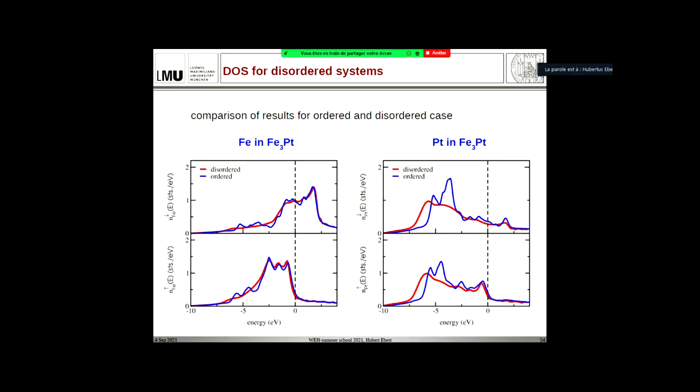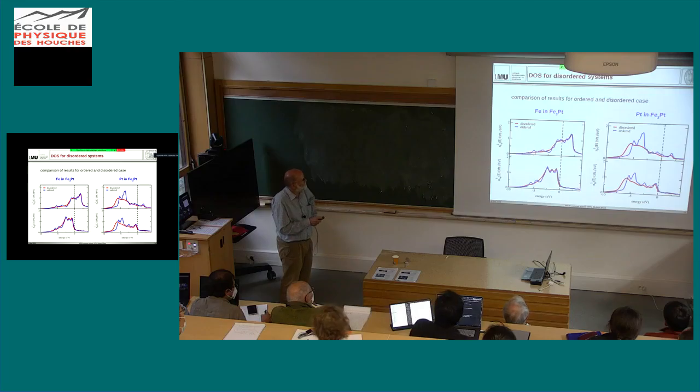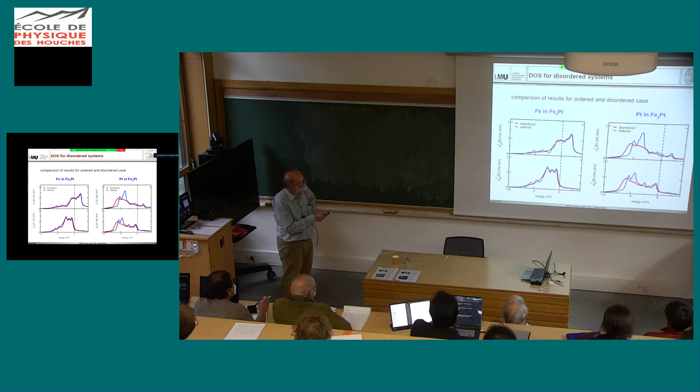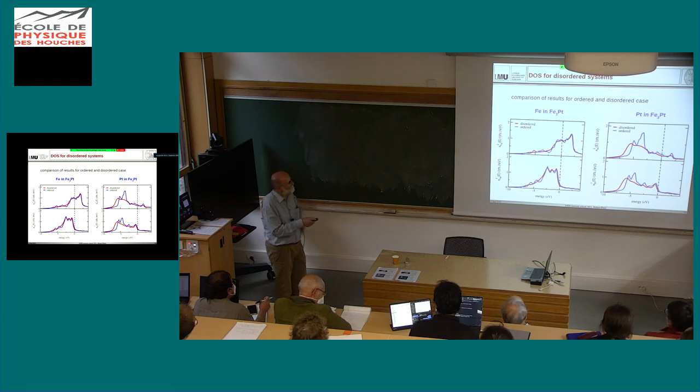You see it, of course, also in the density of states curves. Here is a comparison for iron and for platinum, and iron 3 platinum. We calculated the ordered ones in red, in blue, quite structured, but more blurred out because of the disorder, and it's more important for the platinum side.